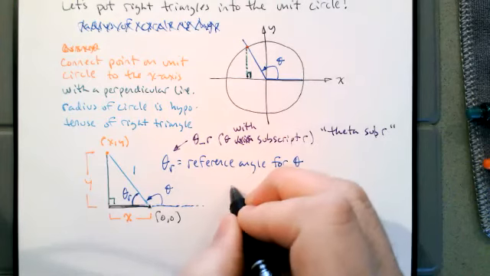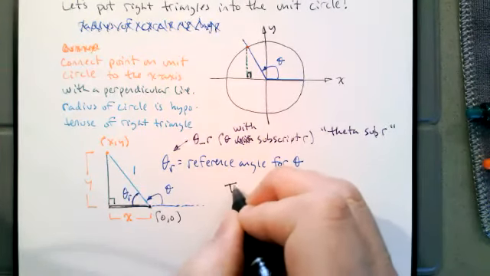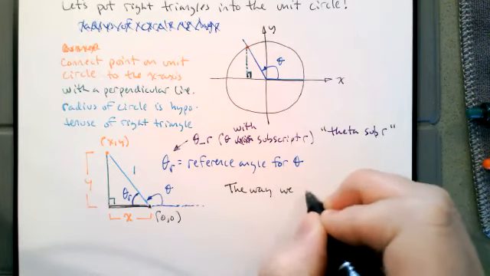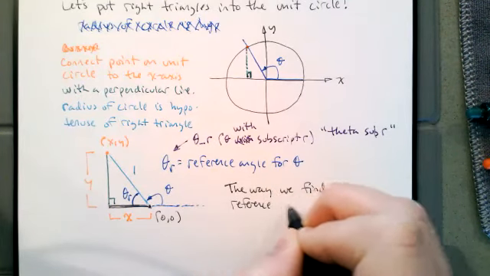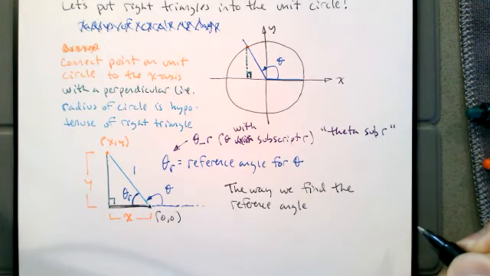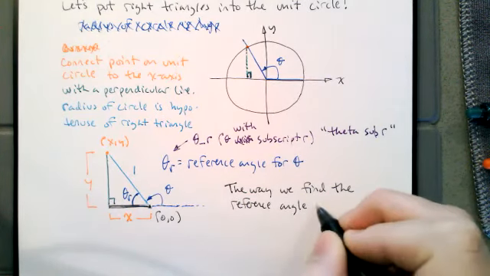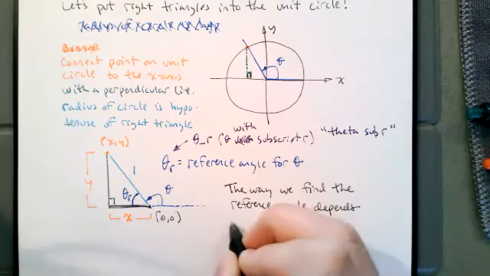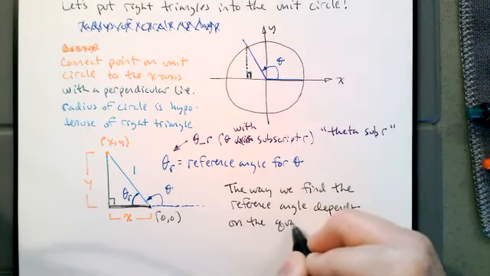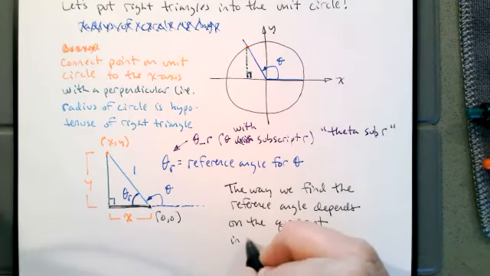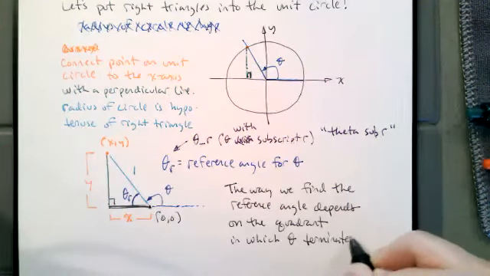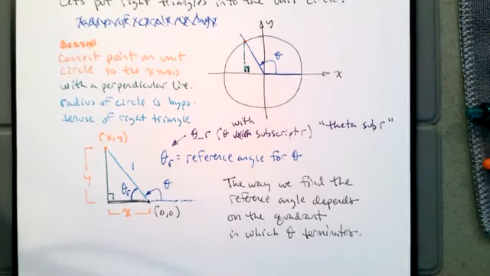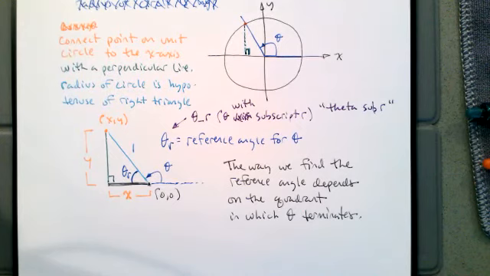The way we find the reference angle for theta depends on the quadrant in which theta terminates.